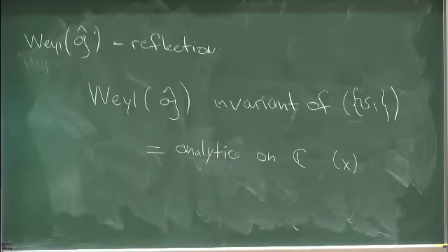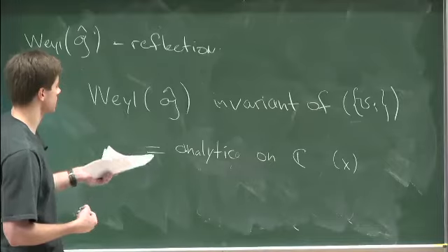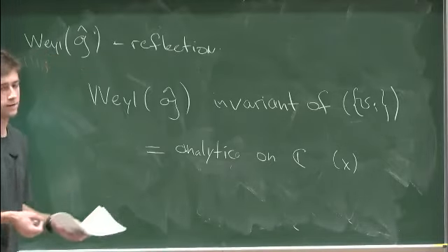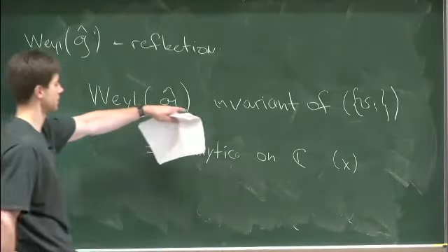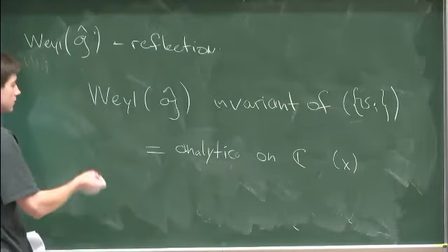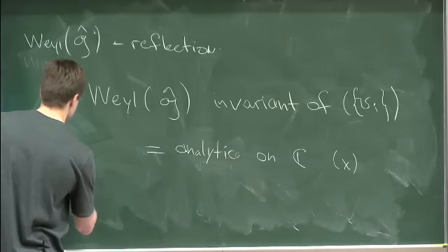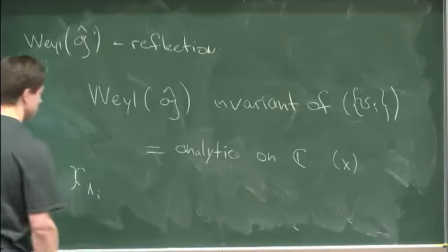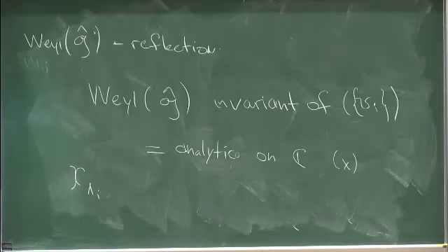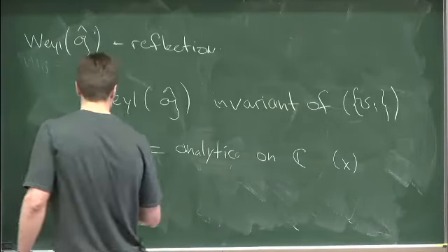Moreover, we can easily find the behavior of that analytic function at infinity. What Weyl invariants can we take? We can take characters, let's say in the fundamental representations associated to the nodes of the diagrams.